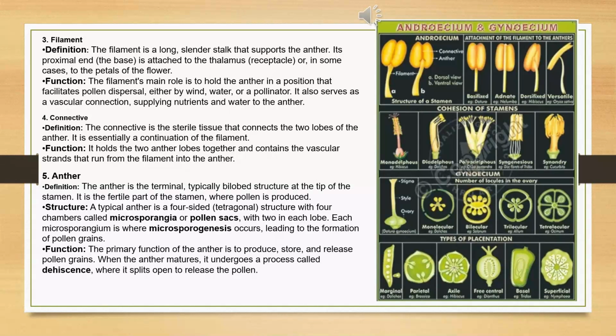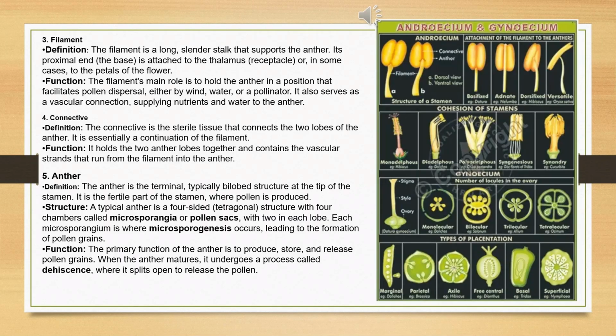Now finally comes the anther. The anther is a terminal, typically bilobed structure at the tip of the stamen. It is the fertile part of a stamen where pollen is produced. Now we'll see the structure.